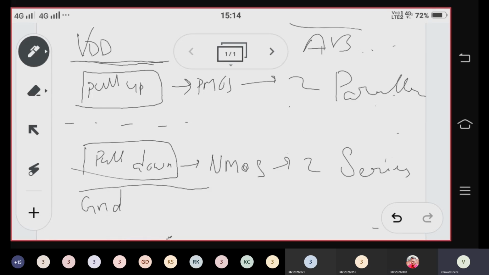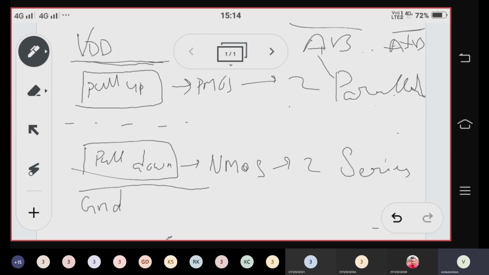Similarly, if we have A + B, let us consider we have A + B. If sum is there in our equation, then NMOS are connected in parallel and PMOS are connected in series.